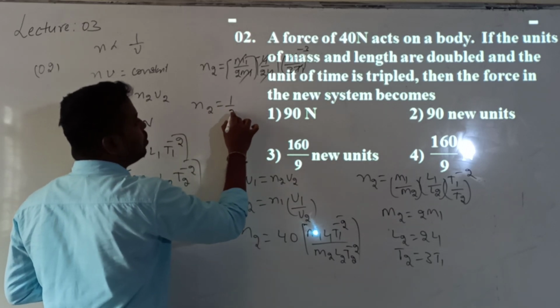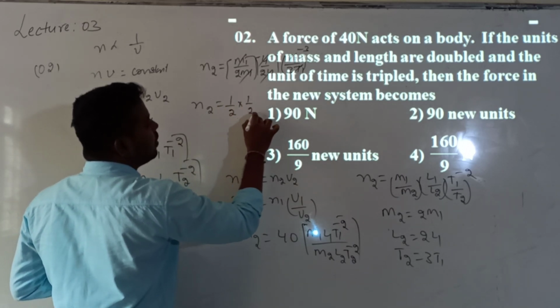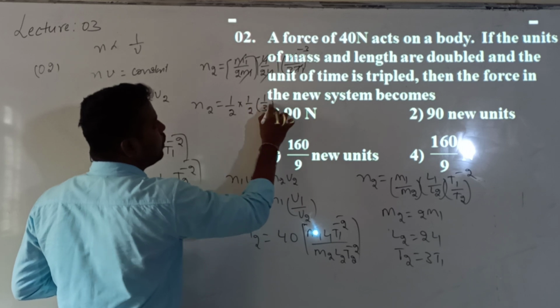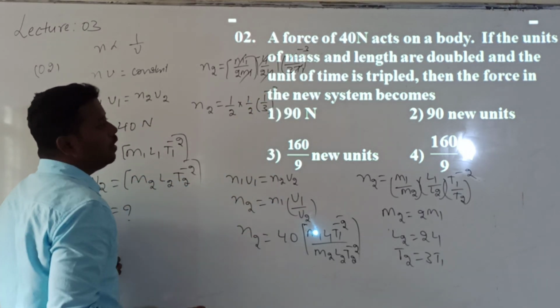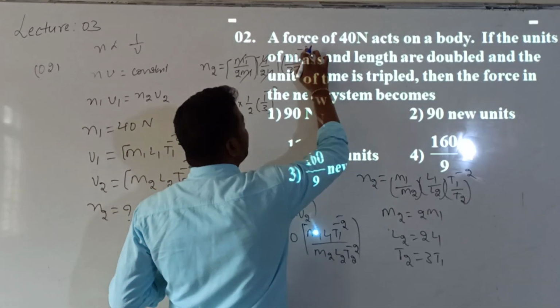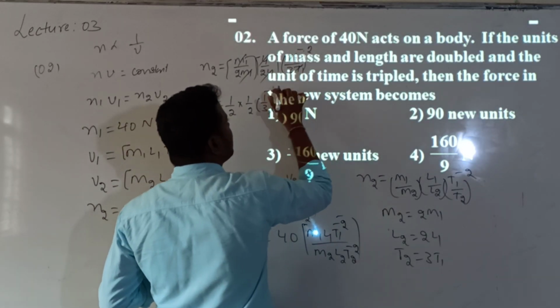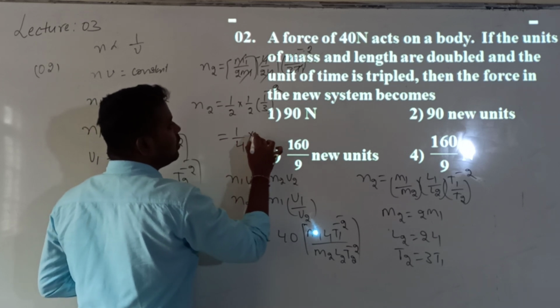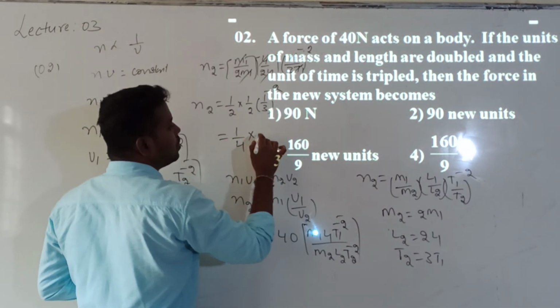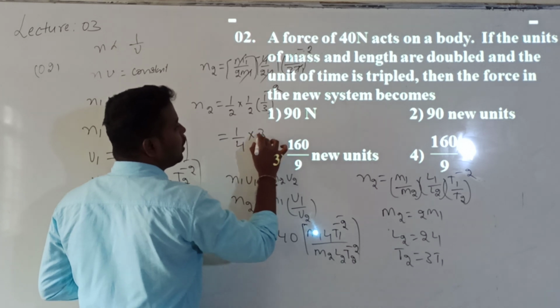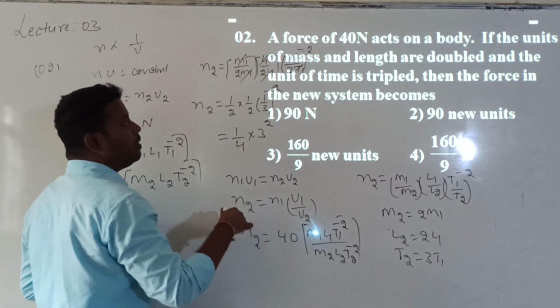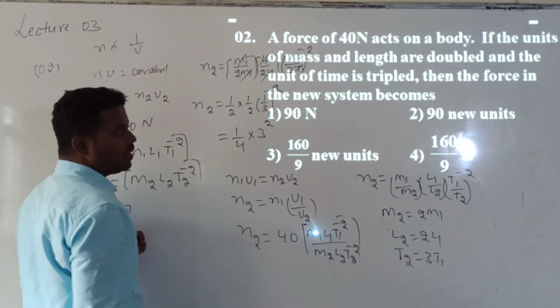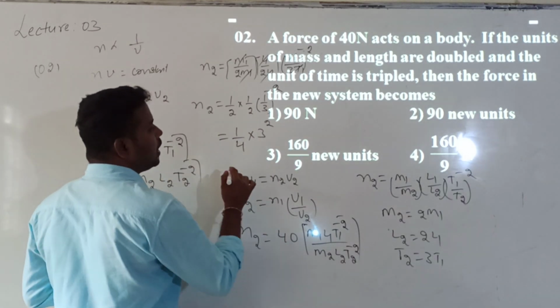This is 1 by 2 into 1 by 2 into 1 by 3 whole power minus 2, which is 1 by 4 into 3 power minus 2 inverted, that is 3 square.